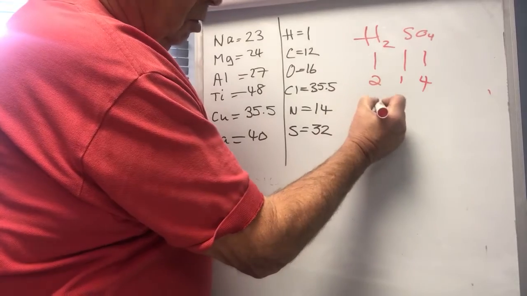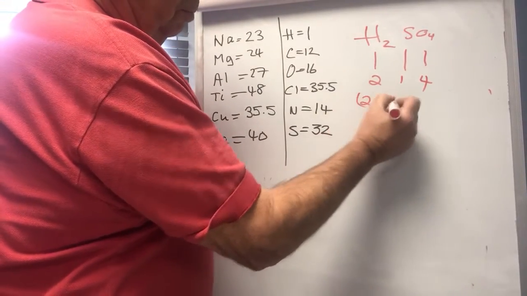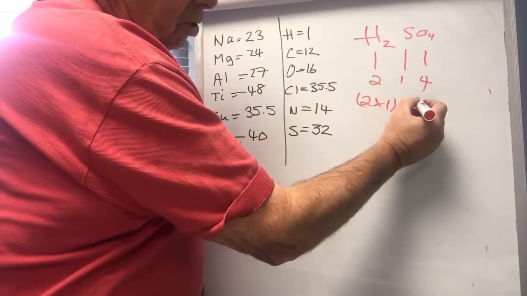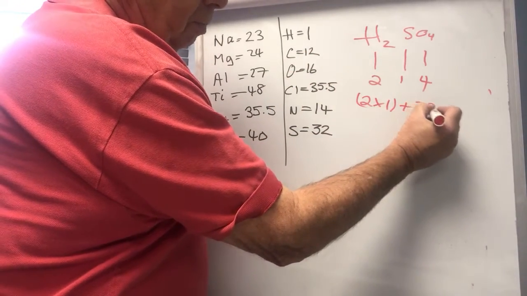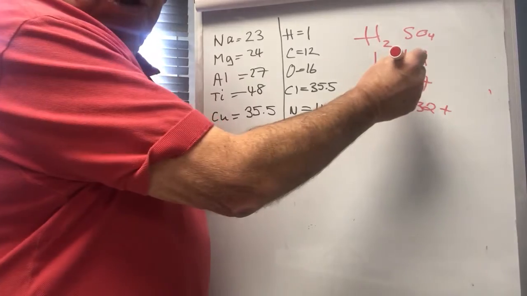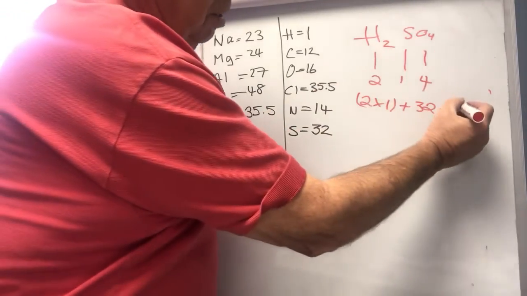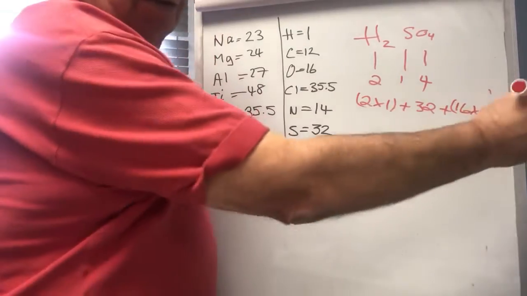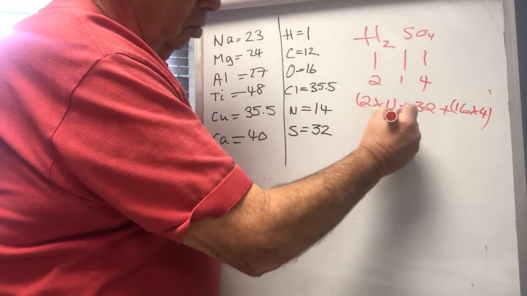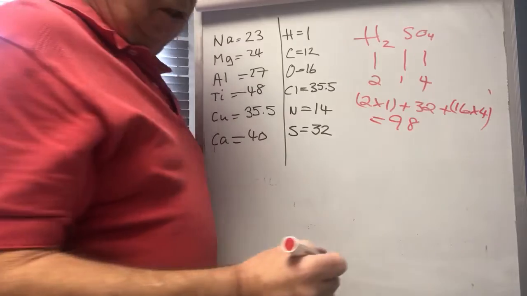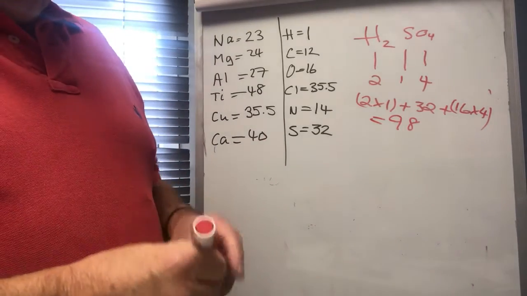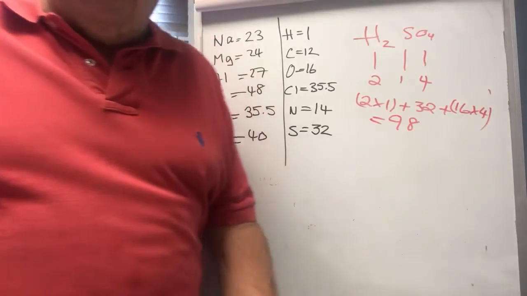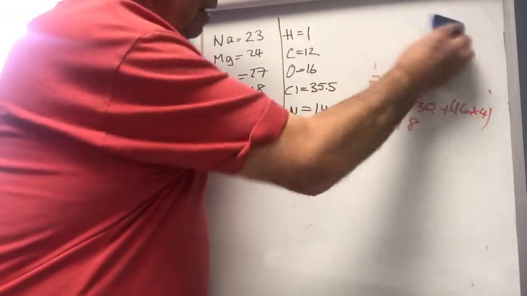We've got 2 times 1 plus sulfur is 32 plus oxygen is 16 times 4. Do the math. That is equal to 98. So therefore, the relative formula mass of sulfuric acid is 98.